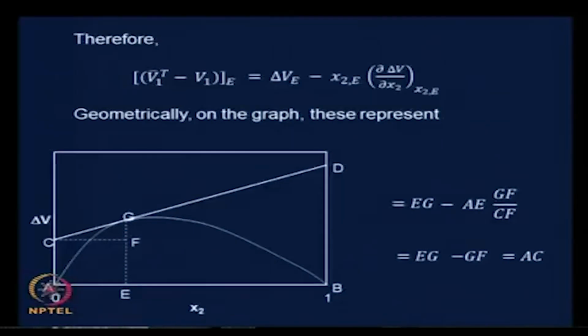Welcome. In the last class we saw a method to estimate the partial molar volume from the data obtained from mixing experiments. In other words, the experiment is essentially to mix a certain number of moles of one component and a certain number of moles of the second component together.